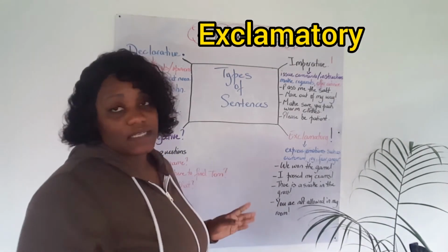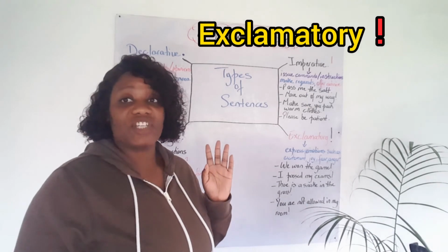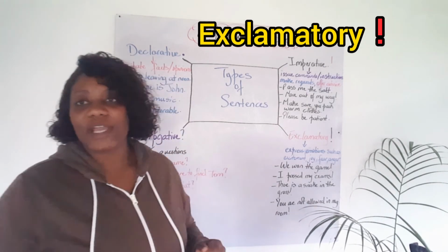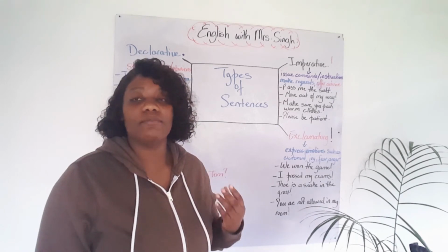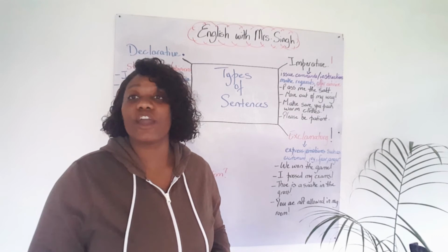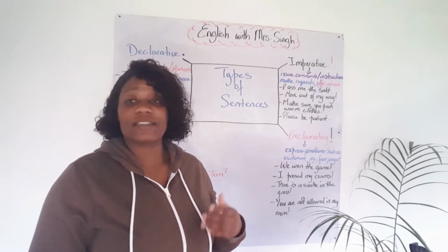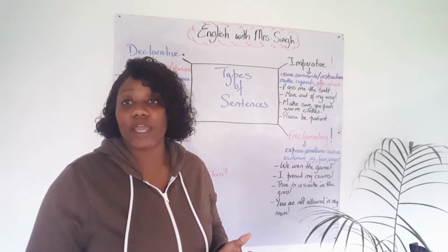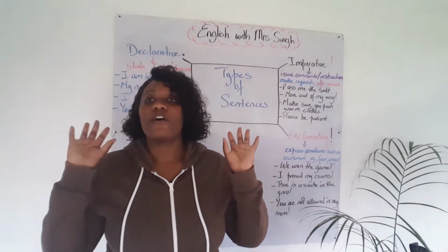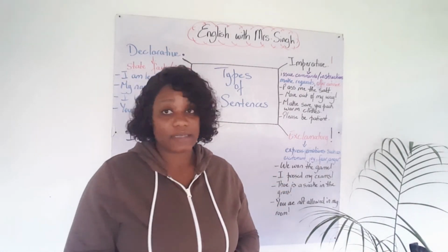These sentences end with an exclamation mark, and they express strong emotions. Emotions such as fear, anger, excitement, joy. So, we looked at 4 different types of sentences today.